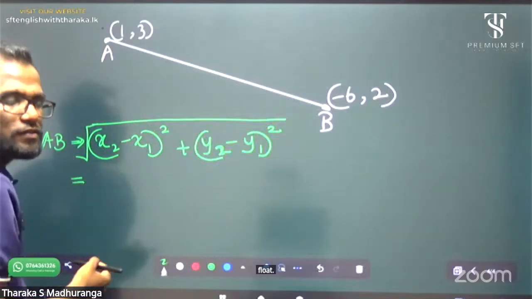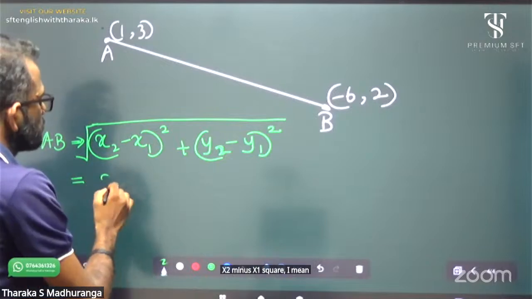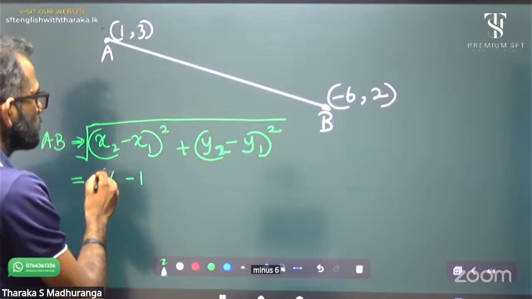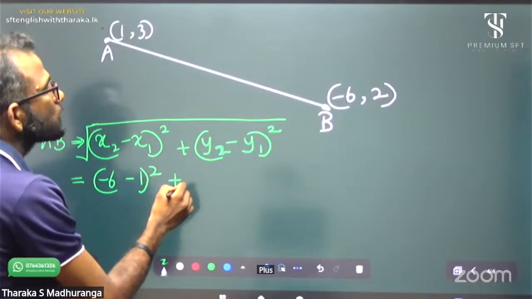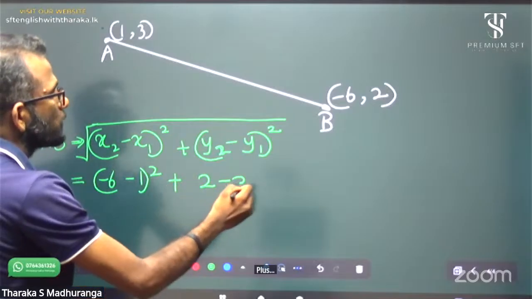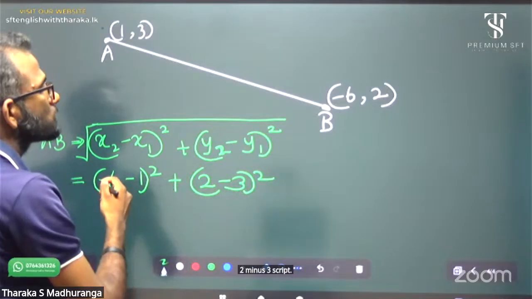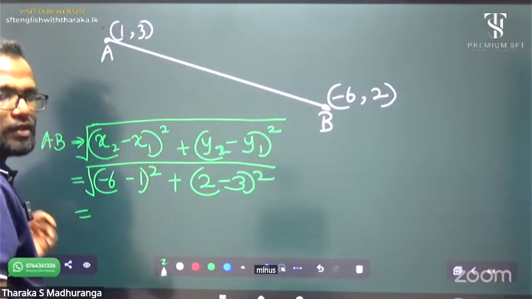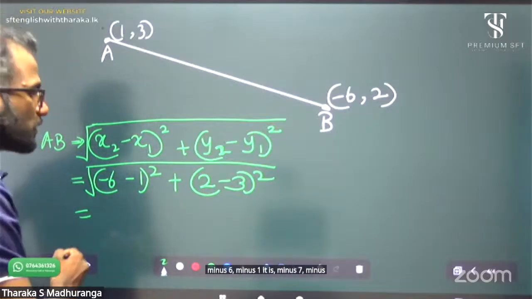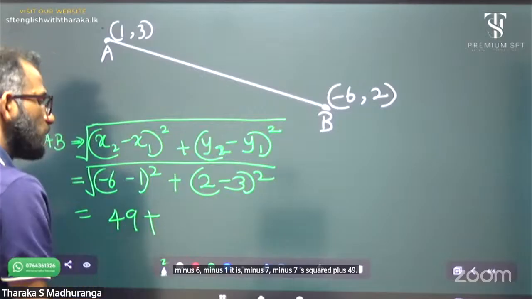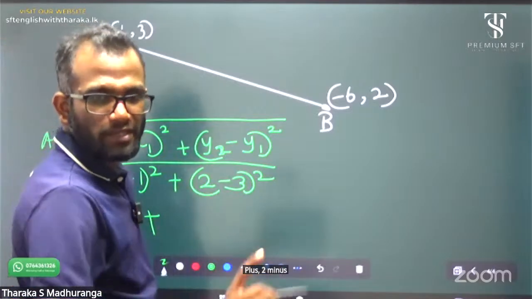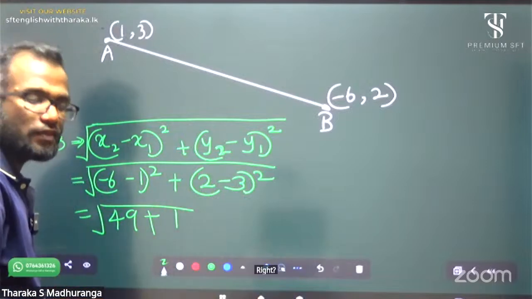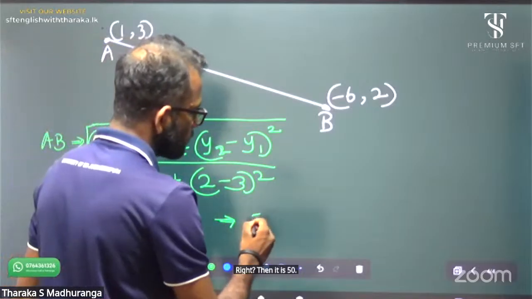X2 minus x1 means -6 minus 1, squared, plus 2 minus 3, squared, square root. -6 minus 1 is -7, -7 squared is 49, plus 2 minus 3 means -1, -1 squared is 1, right? Then it is 50, square root 50.